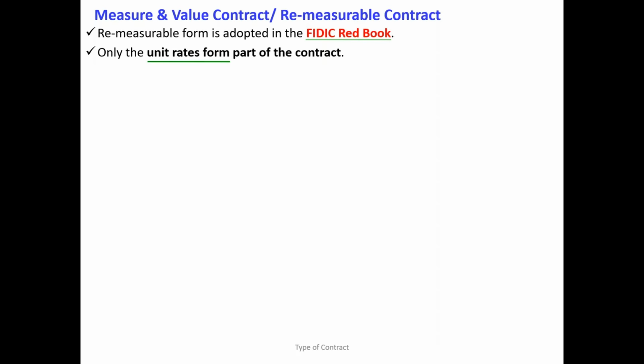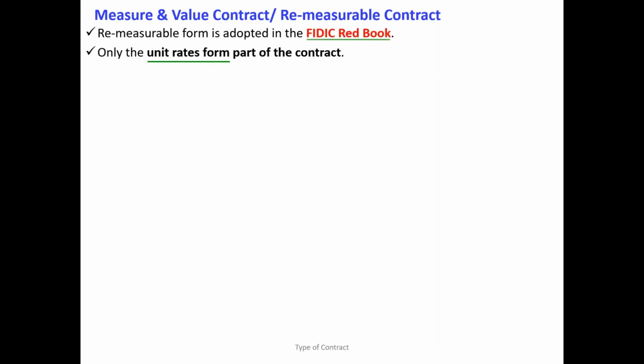But when it comes to the lump sum contract, what was the part of the contract? The total amount was the part of the contract. So therefore, it is slightly different from the lump sum contract.